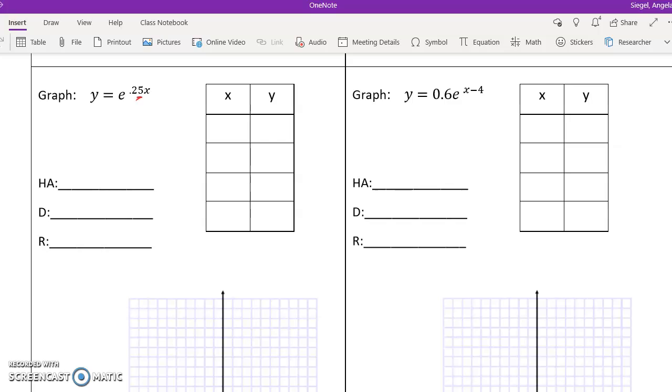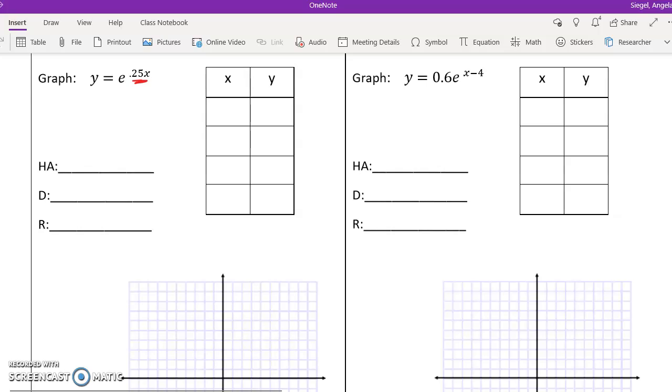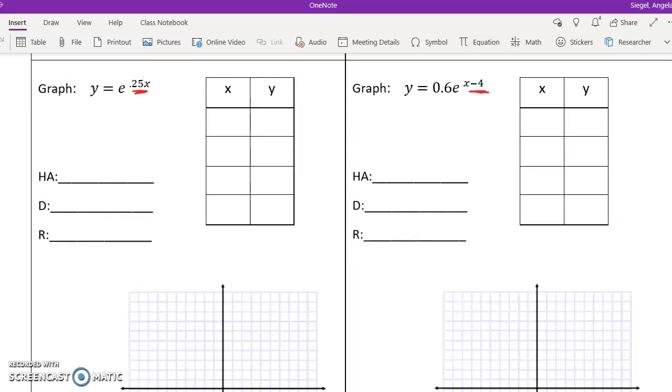Notice that this is a 0.25, so it's going to take a long time to get bigger. And then this one, notice that it's shifted to the right 4. And so we'll just have some weird numbers there. Go ahead and try both of them and see what you can do, and I will do them too, and then we can come back and talk about it.